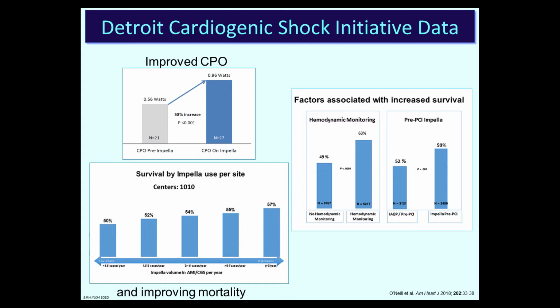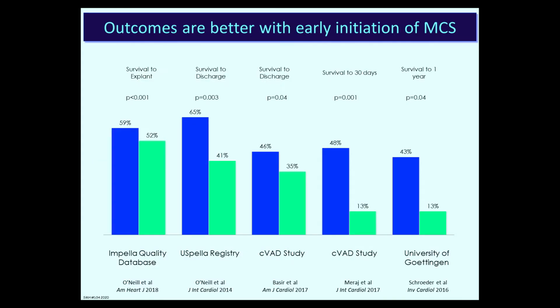And as you've seen before, factors that are associated with improved survival are hemodynamic monitoring, and in this context, I should have mentioned that these are Impellas placed in the setting of acute myocardial ischemia and myocardial infarction, that if you put them in before you do your angioplasty, things are better. And these data are paralleled with other data looking at outcomes with early initiation of mechanical circulatory support.